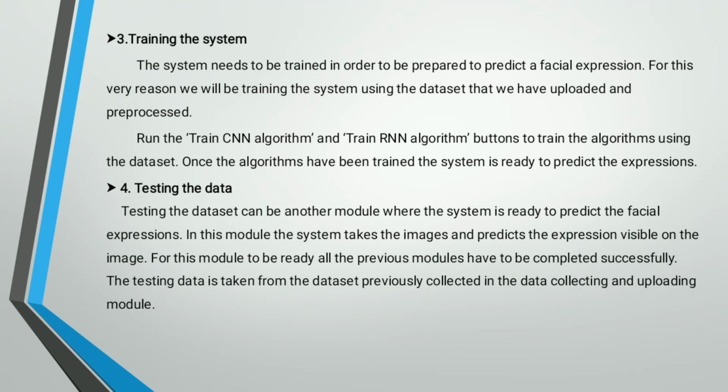The next one is training the dataset. In this, we need to train the system how to predict the facial expression of the user. Here we run the CNN algorithm button to train the algorithm using the dataset. Once the algorithm has been trained, it is ready to predict.